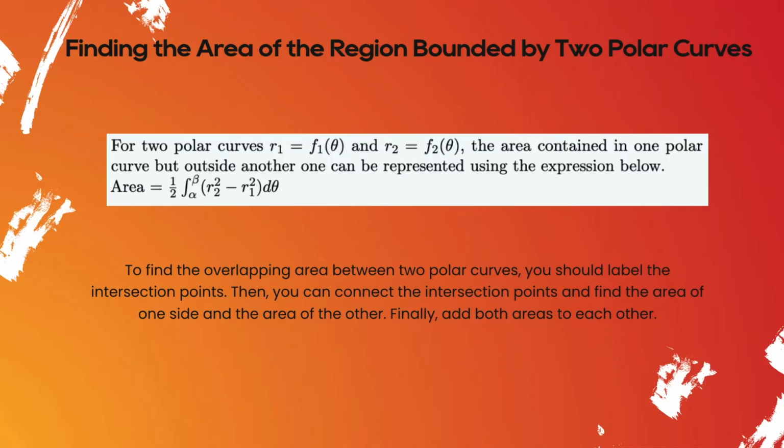To find the overlapping area between two polar curves, you should label the intersection points, connect the intersection points, find the area of one side and then the other separately, and then add both areas to each other. Finding the area contained in one polar curve but outside another versus the overlapping area are different things, and the method to find both areas is a little different.